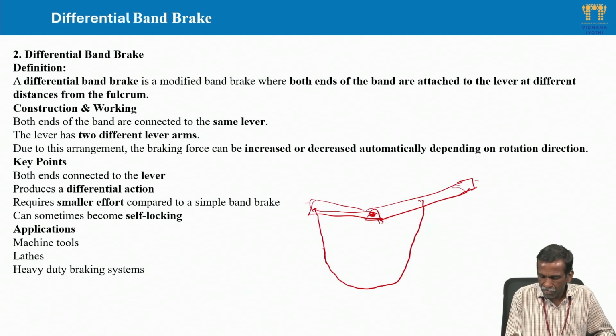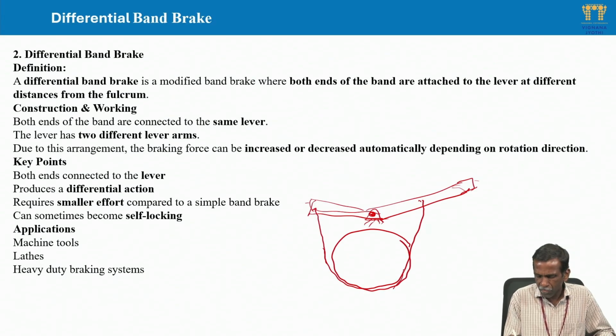Then this is the fulcrum, then the drum. This band is wrapped around the drum. When this drum rotates clockwise, let us say, then the tight side becomes this one and the slack side becomes this one, as we know.